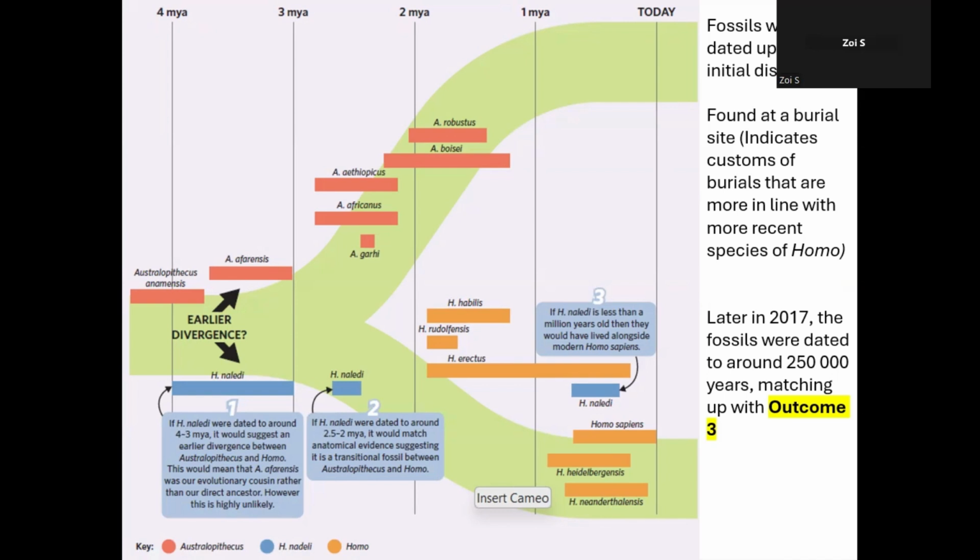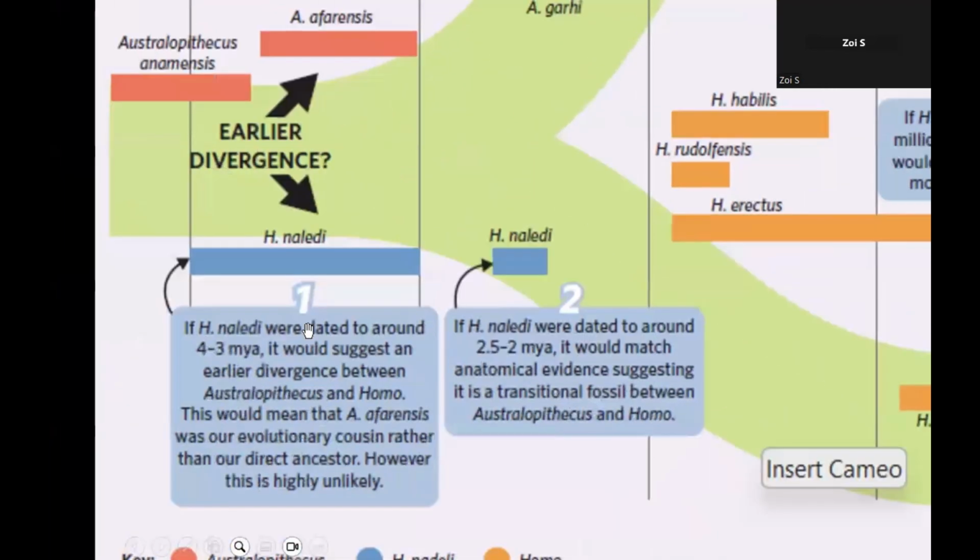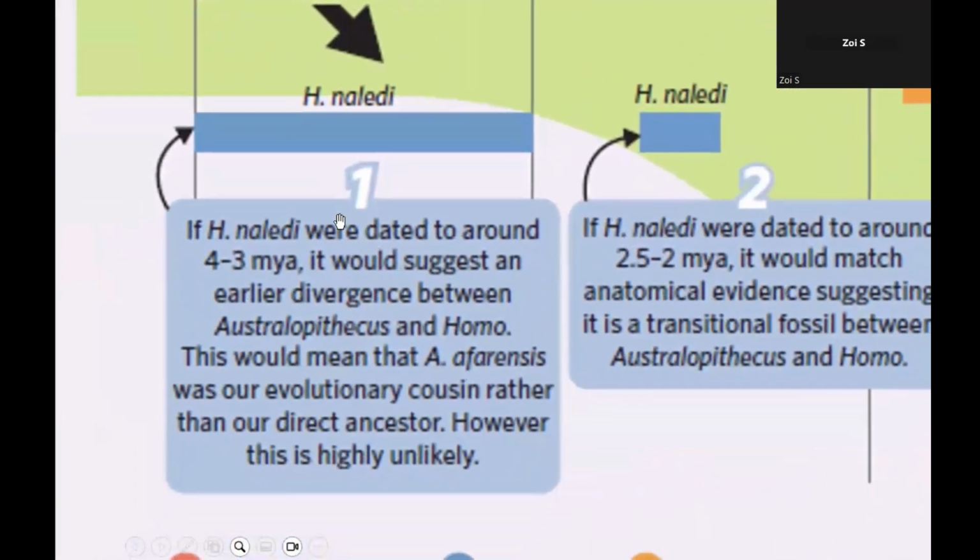The first one suggested that if they existed around the time that Australopithecus were around as well, it would suggest an earlier divergence between Australopithecus and Homo, and this would mean that Australopithecus afarensis was our evolutionary cousin rather than our direct ancestor.